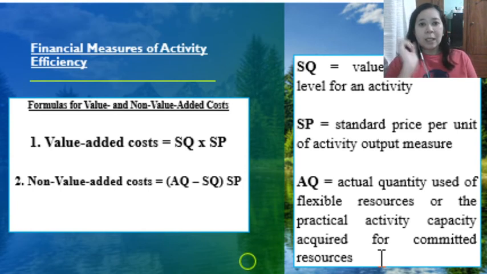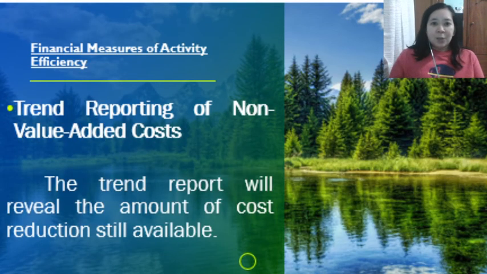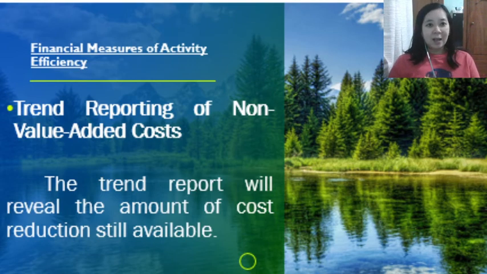Of course, in classifying these costs, the management should determine if they are indeed value adding or non-value adding. So those are for reporting the value added and non-value added activities or costs.